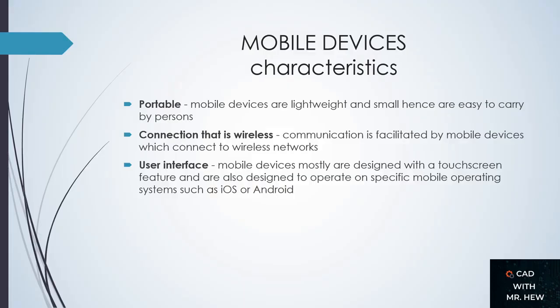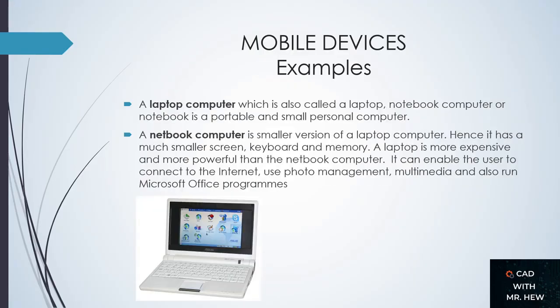Communication is facilitated by mobile devices which are connected to wireless networks. Let's now look at the user interface. Mobile devices are mostly designed with a touchscreen feature and are also designed to operate on a specific mobile operating system such as iOS or Android.